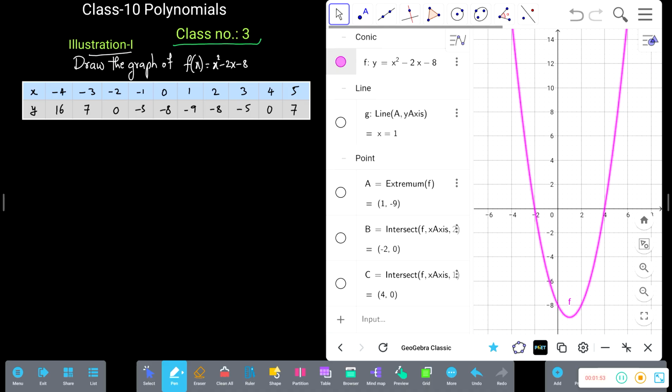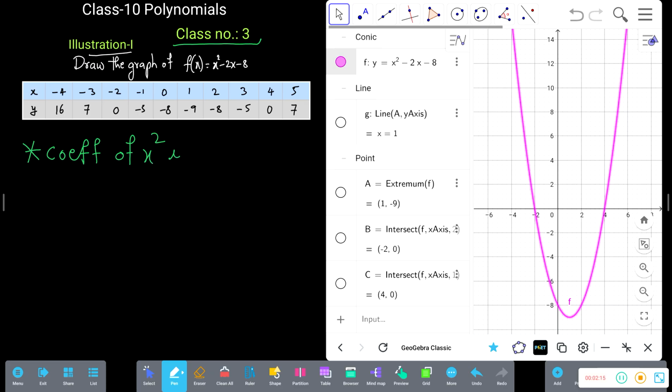Without seeing the graph also, we can say towards which side the parabola will be open. How can we say that by seeing the polynomial itself? What is the coefficient of x square here in this polynomial?